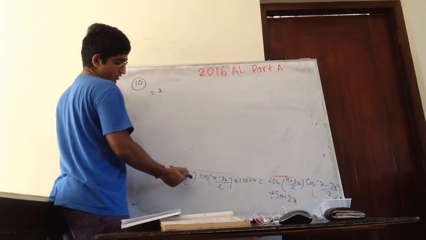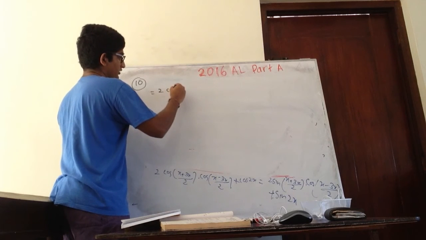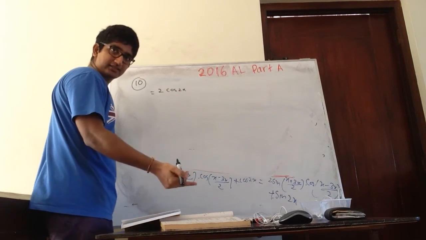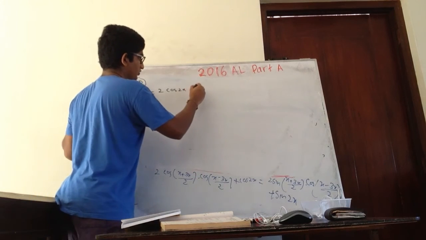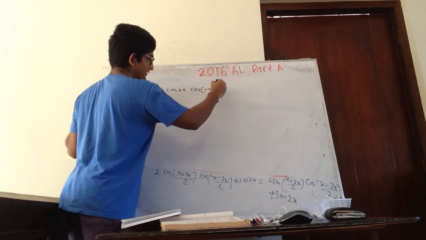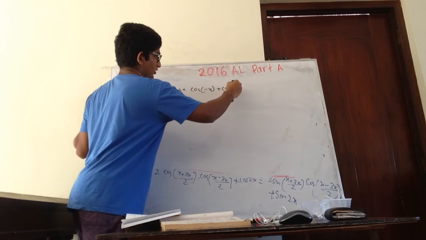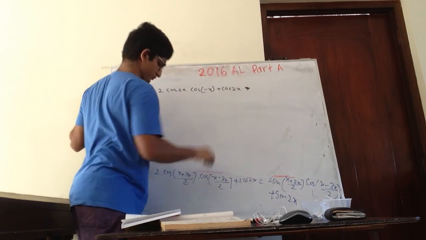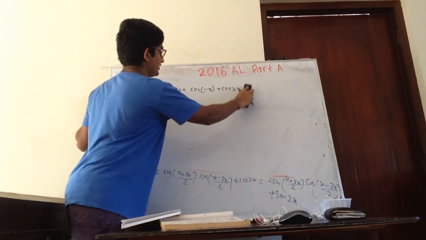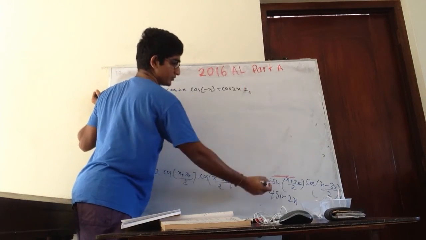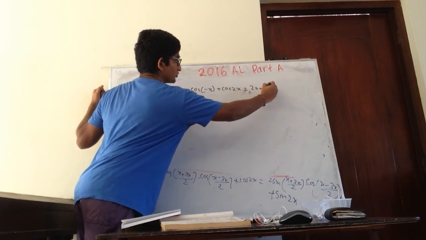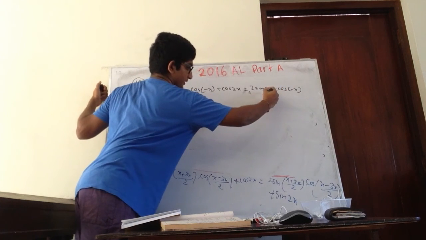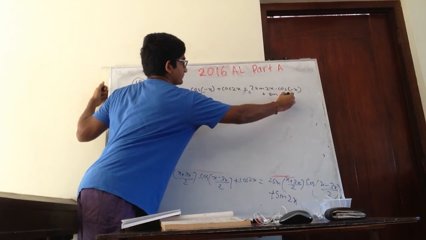Now this will become 2 times cos of 4x over 2, which is cos 2x, and this is cos of minus x, plus cos 2x, equals 2 sin 2x cos of minus x plus sin 2x.